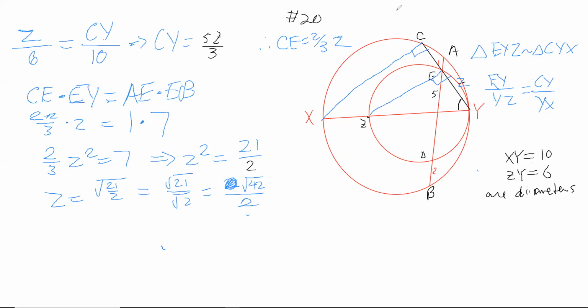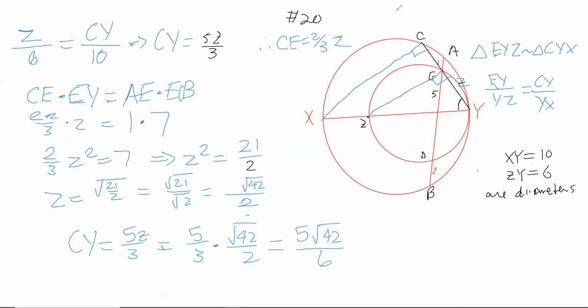So since we know CY is 5/3 of Z, it's equal to 5/3 times root 42 over 2, which gives us our answer, 5 root 42 over 6.